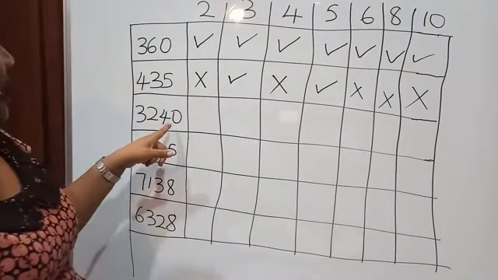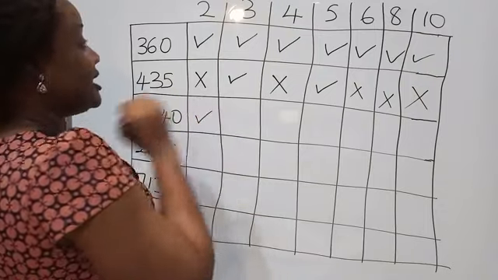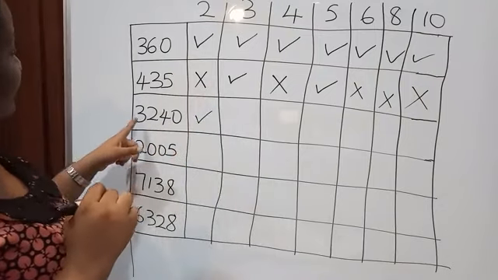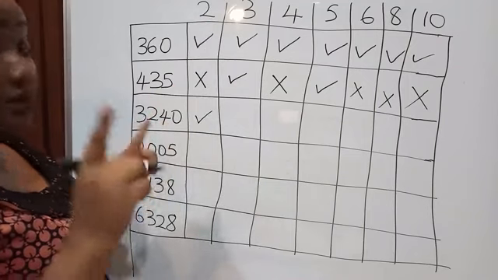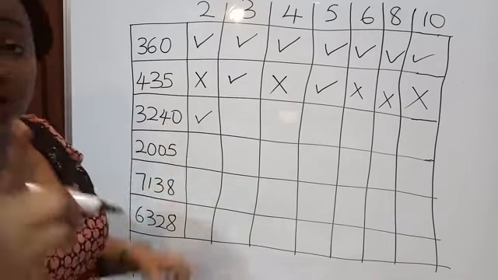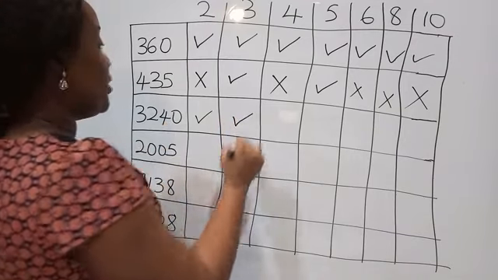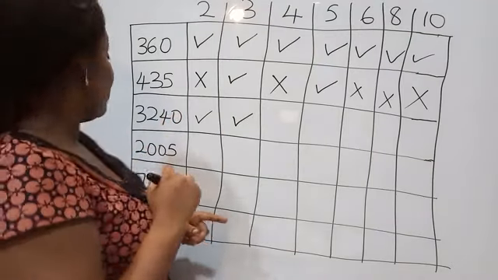3,240. It ended with 0, so 2 goes. Take 3, let's find out for 3. You have 3 plus 2, 5, plus 4, 9. So 3 would go. Will 4 go? 40 will definitely go.